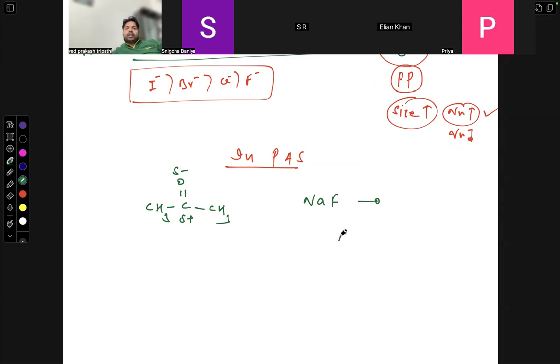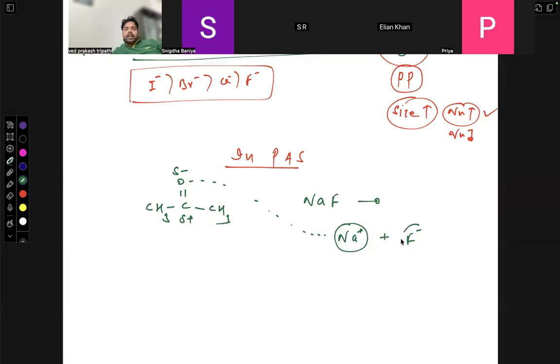You know that NaF dissociates into Na plus and F minus. The O minus of the acetone molecule is going to solvate the Na plus. Make sense about it? Please tell me. So all the Na plus is going to be solvated by the oxygen of acetone. Clear?